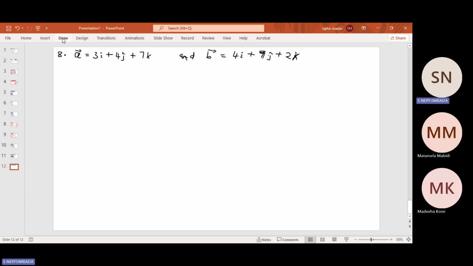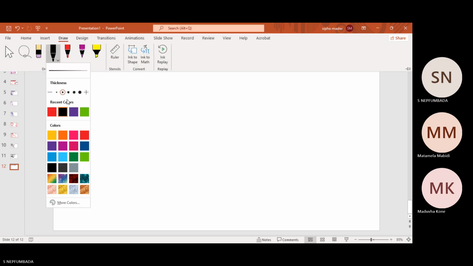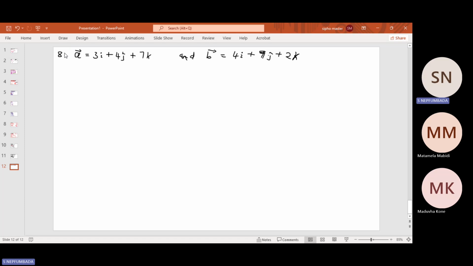Then they want both of them, they want cross products. I'm going to say the cross product, which is given by what?